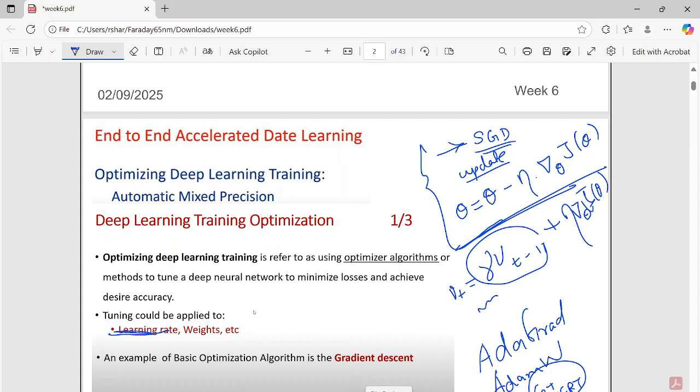How we can optimize the learning rate is, one, manually tuning it, trying different values for the learning rate, a hit and trial method or a grid search method, and learning rate schedulers such as step decay and exponential decay can be used.